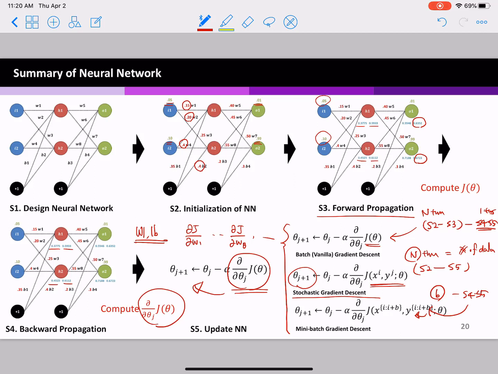So in the forward propagation, you remember that you can draw the map here. Yeah, that's the neural network function. You put in the input data, it gives you the predicted output, and using the target output value, you see the difference between them.